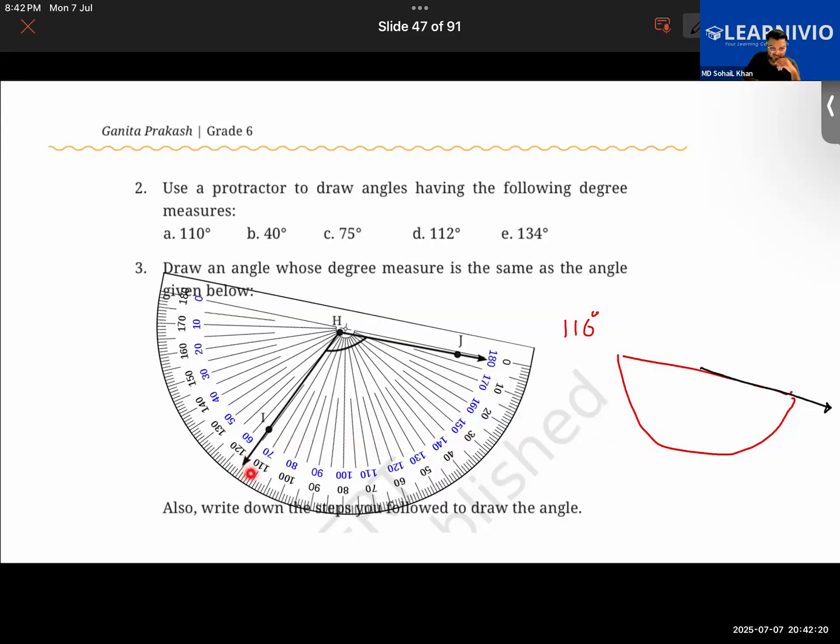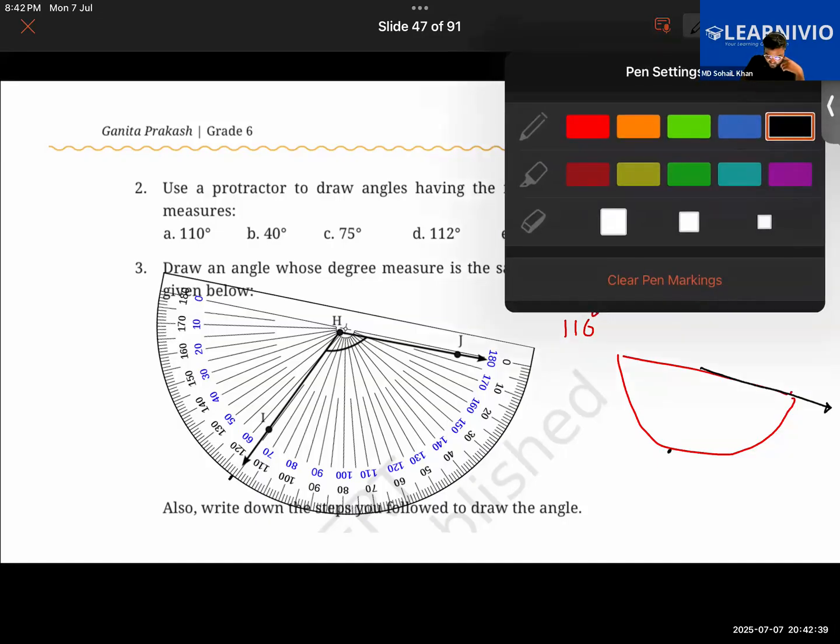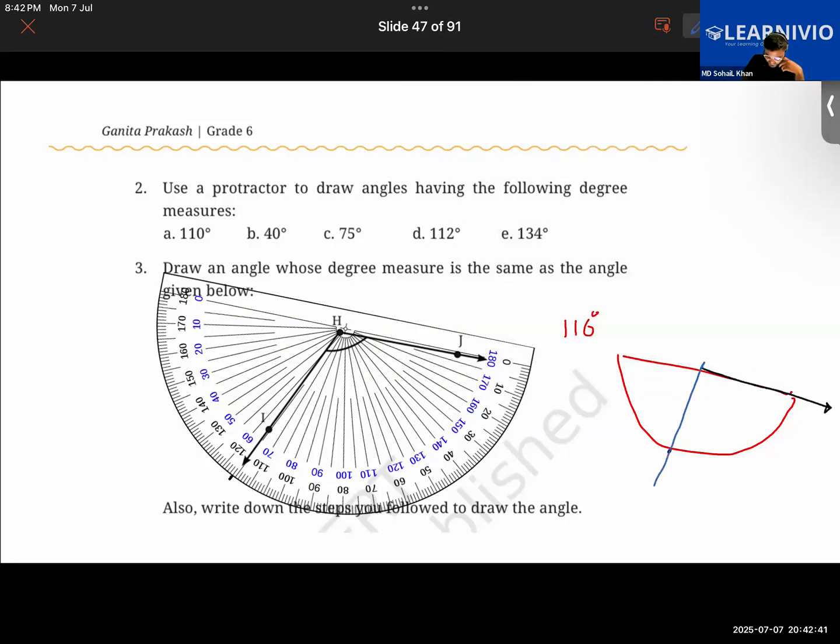So after 110, count 6 units: 1, 2, 3, 4, 5, and 6. That will be coming to this. Make a point over there. Then you'll remove the protractor, and with the help of a ruler, you will make a straight line like this. And then you will have your angle measuring 116 degrees.